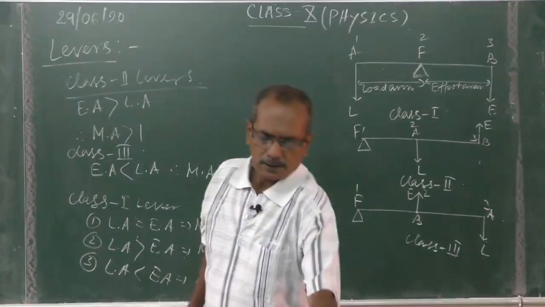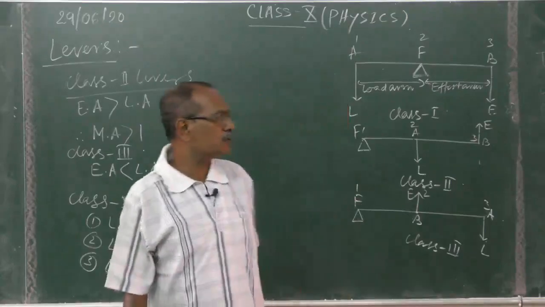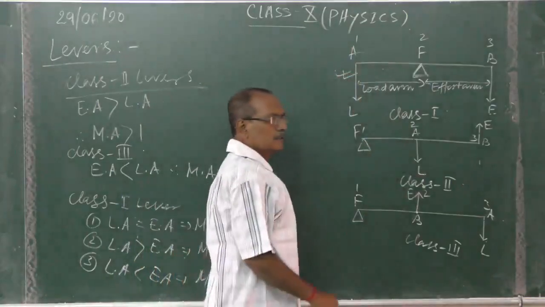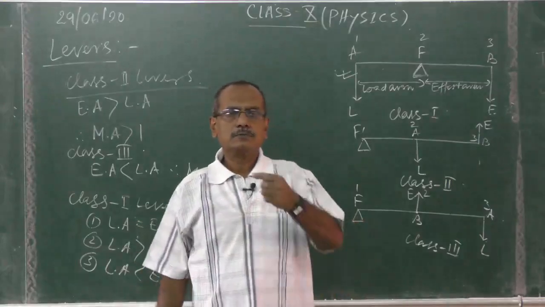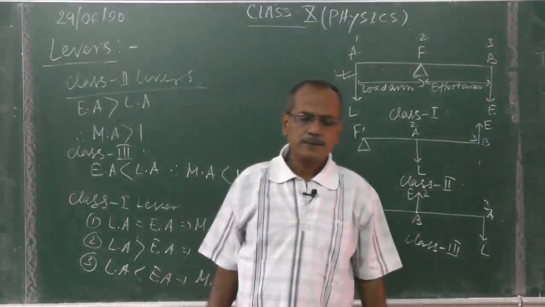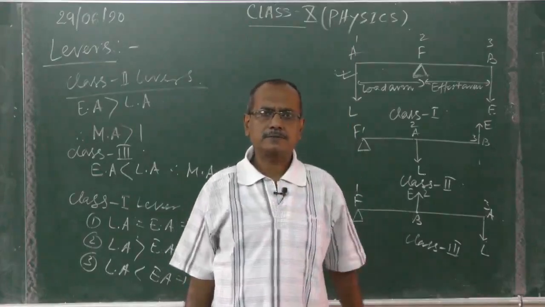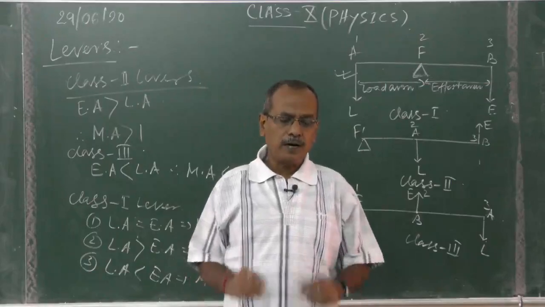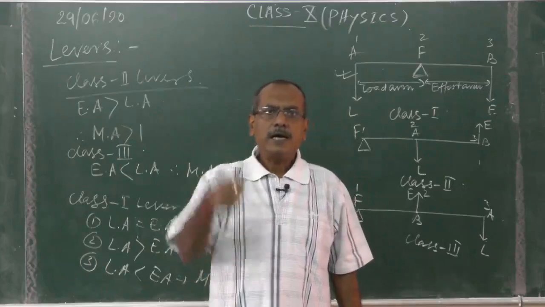Now next examples we are doing. Class 1 lever, this one. Simple case: seesaw, beam balance, plier, scissors, shears, crowbar, the hand pump.